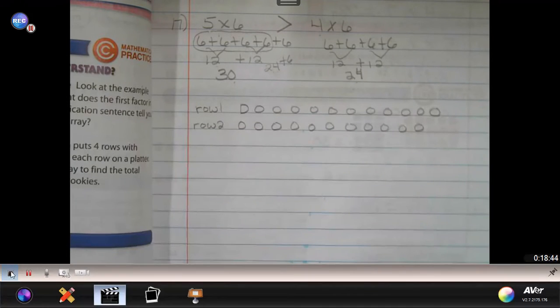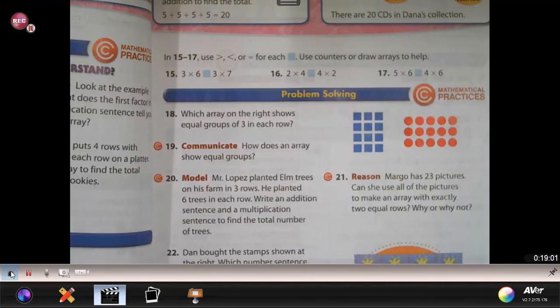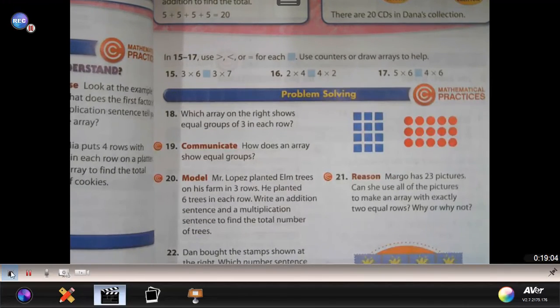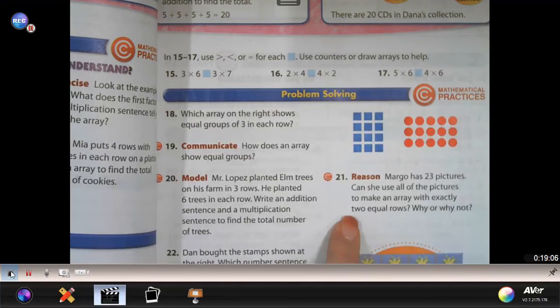So you will notice that when we get to 23, we don't have a partner pair here to make exactly the same number in each row. So when we think about Margot's dilemma or problem, we think about how are we going to write this as an answer statement and how are we going to explain this?